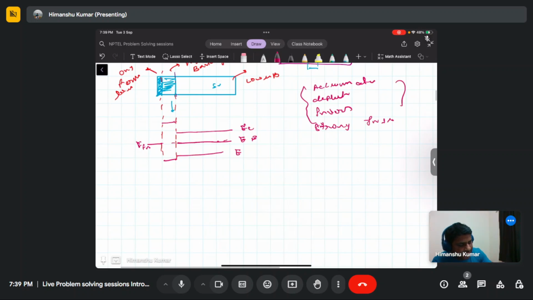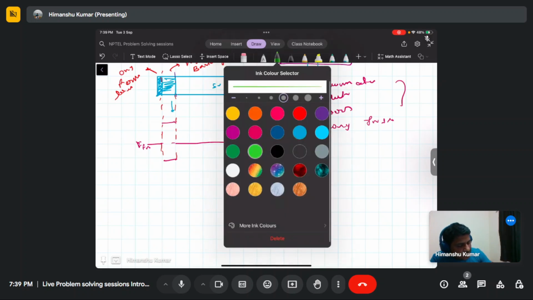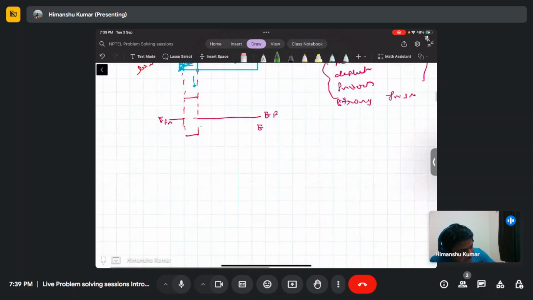Let's consider this as a p-type substrate. So let's draw the EC and EF, this is the conduction band EC, and this is the valence band EV.